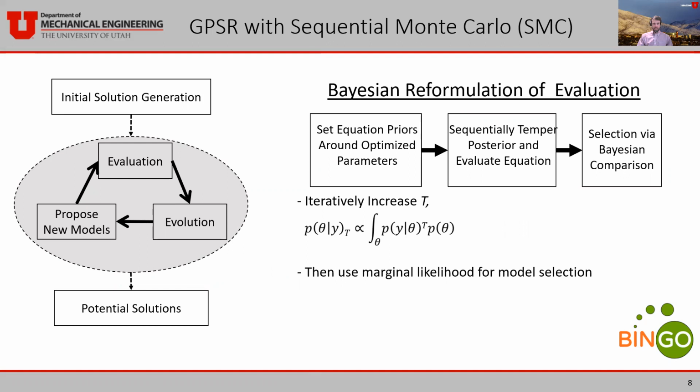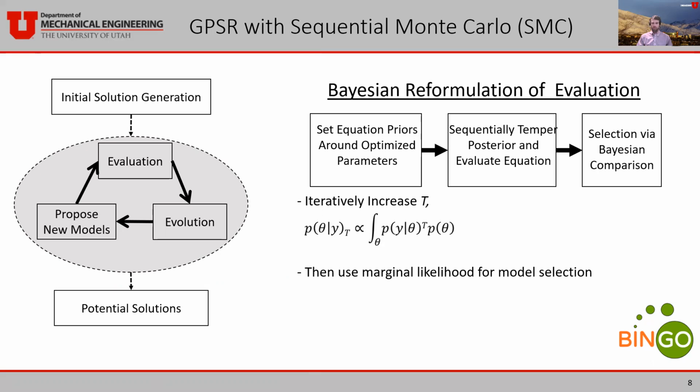The Bayesian implementation of Bingo uses a sequential Monte Carlo method to replace the deterministic fitness metric within the evaluation step. So instead of using a fitness metric, which is just based on an error metric, the Bayesian reformulation would use a marginal likelihood, which is just the probability that a data set corresponds to the model being evaluated.